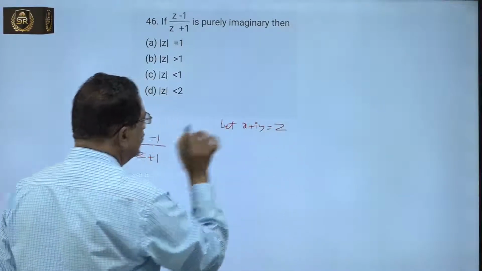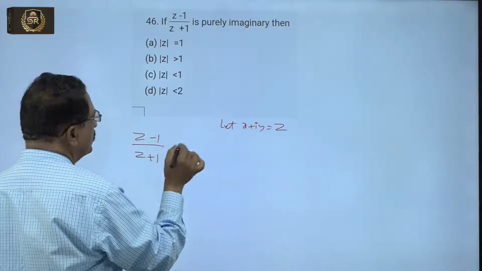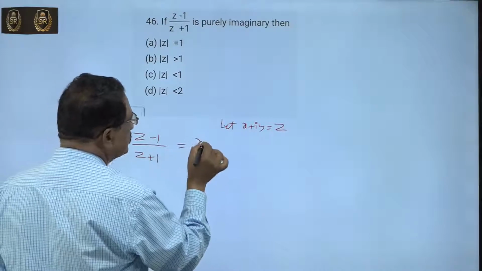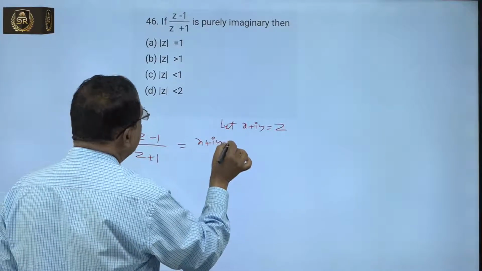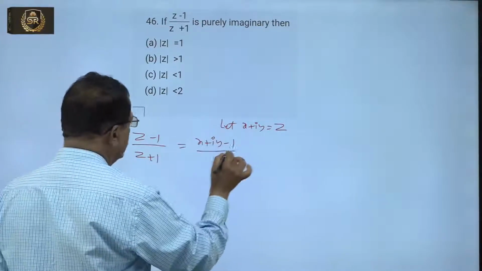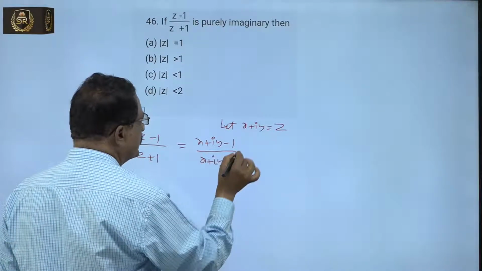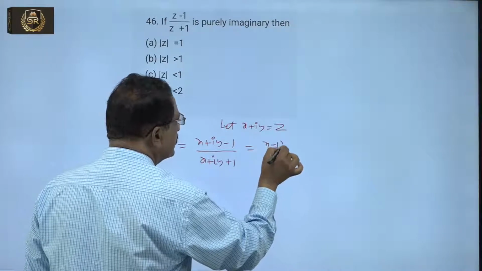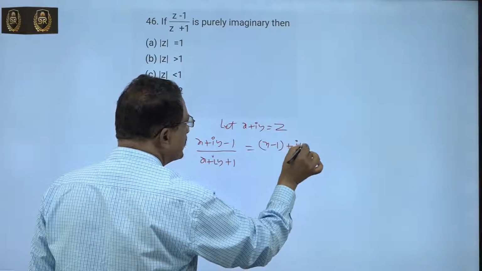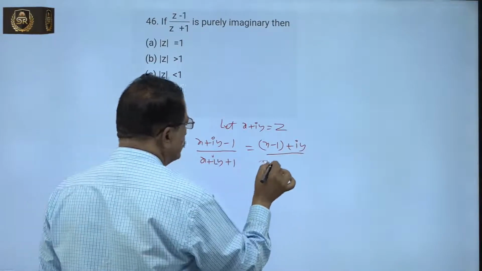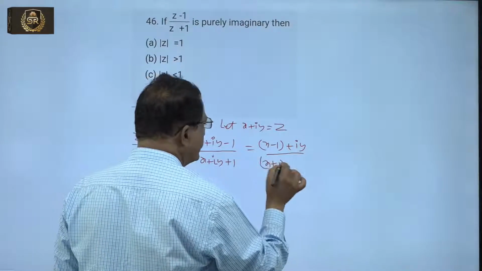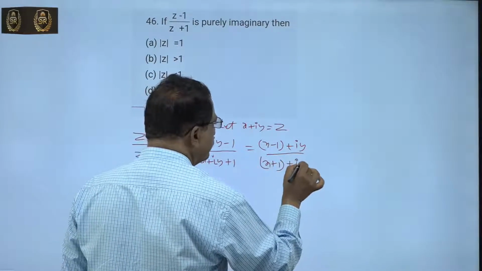Now what do we get for the expression? (x plus iy minus 1) by (x plus iy plus 1), that equals (x minus 1 plus iy) by (x plus 1 plus iy).